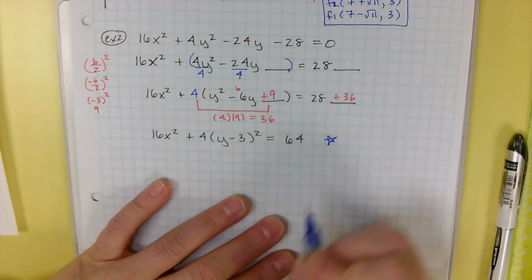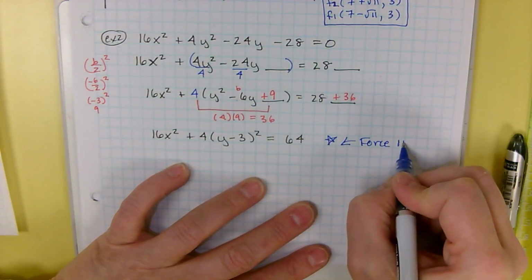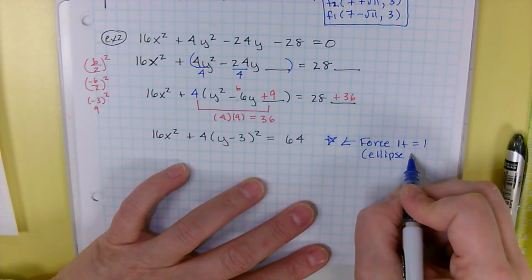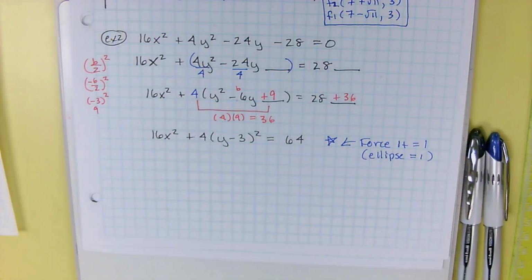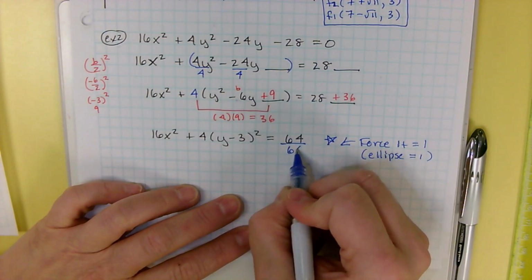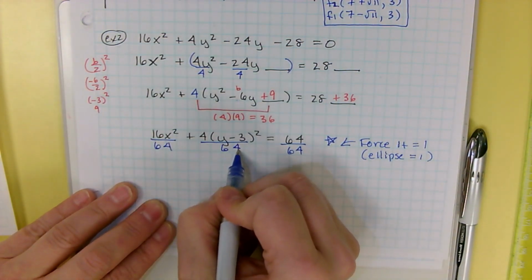So that's what you're going to do. At this stage, once you know it's an ellipse, you're basically going to force it equal to 1 because in an ellipse, it always equals 1. So to make that 64 into a 1, I'm going to divide by 64, which means I have to divide by 64 in all 3 places.